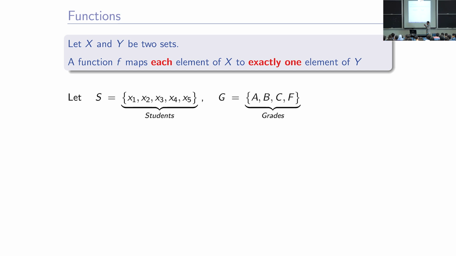So, suppose there is a set S and a set G. Suppose the set S stands for students and the set G stands for grades. If I want to say every student gets a grade, as we talked about in the first session, that is basically a statement that there is a function from S to G. Now, every student must get a grade, and every student must get exactly one grade, for it to be a function.